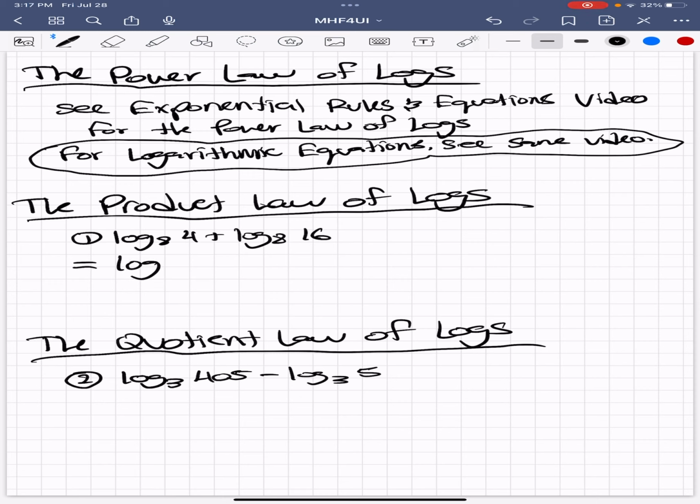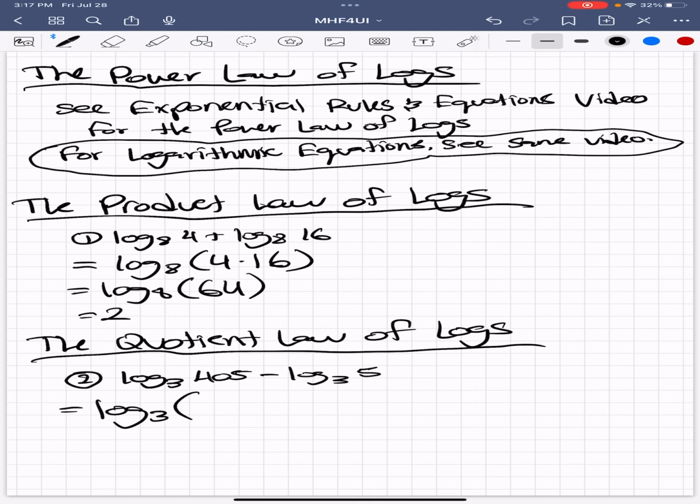So log, our base is 8, and then we have 4 multiplied by 16. Okay, so 8 to what power, to what exponent equals 64? And our answer is 2. Moving on, we're going to be doing log base 3, and it's going to be 405 over 5.